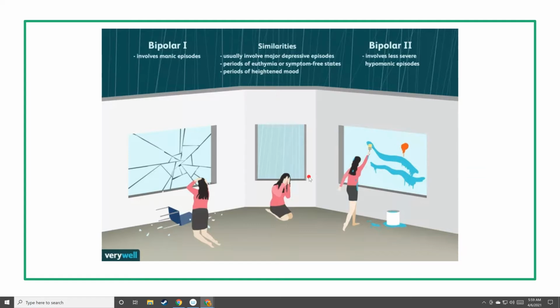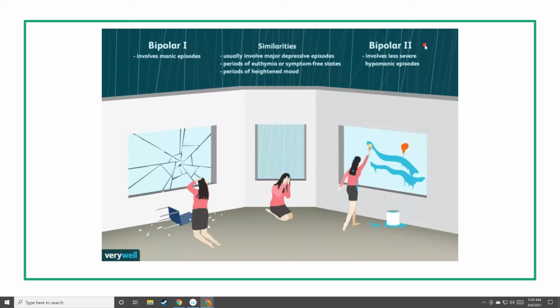In general, a manic episode is going to be very severe. So here we see this person has broken a window here. This person is just painting on a window. Hypomanic episode is not as severe, both very difficult to deal with. A manic episode is going to cause a diagnosis of bipolar I, so the more severe, and a hypomanic episode is going to cause a diagnosis as bipolar II.